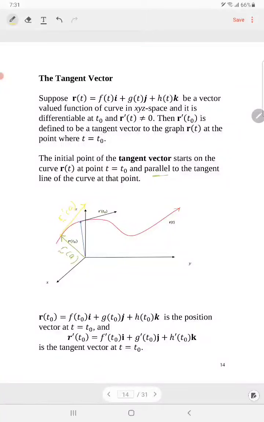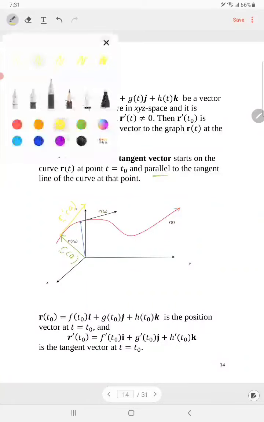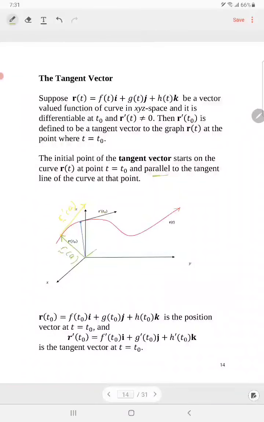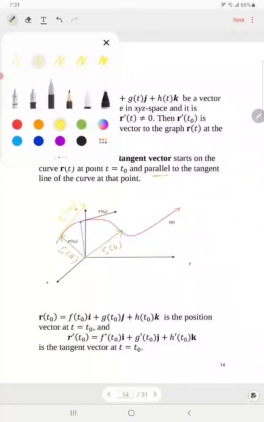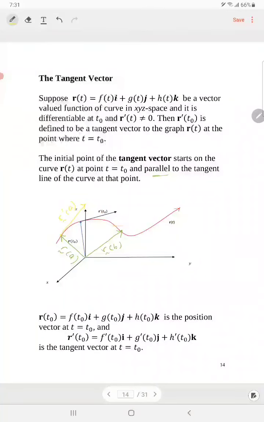But of course, if you're using different t, let's say at t equals b, let's say this is the position vector when t is b. So when t is equal to b, you are here on the curve. So the tangent line of the curve when t equals b would be different. So this would be the tangent line at point t equals b.